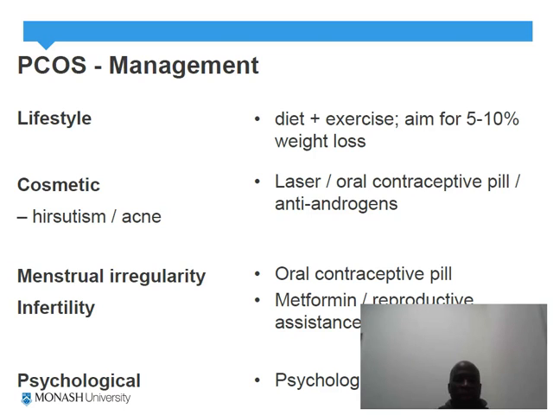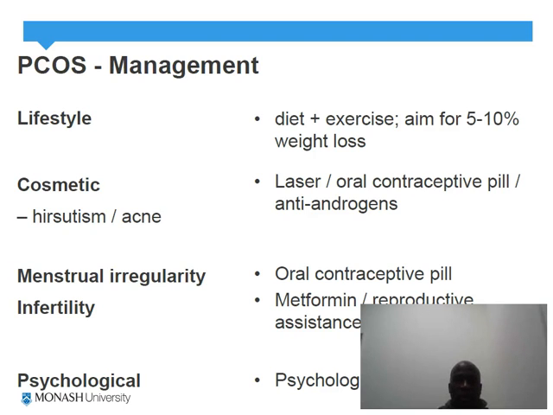The other part is when you have menstrual irregularities. If there are menstrual irregularities, you can use oral contraceptives. If there is infertility, you can use metformin, for example. It may help conception.